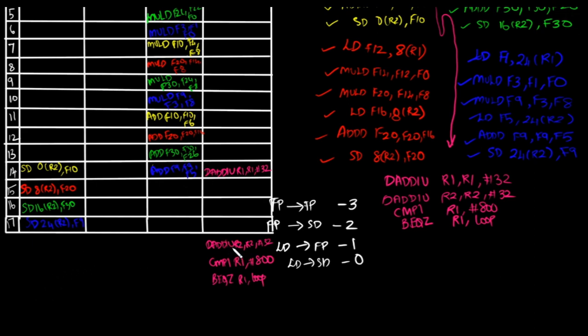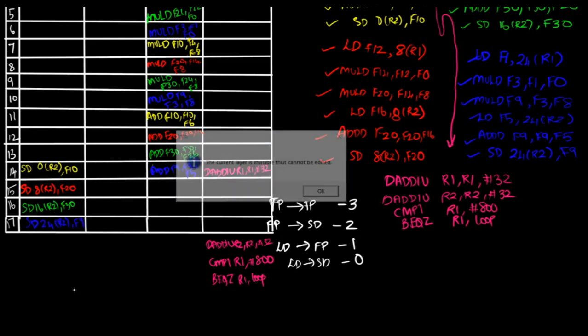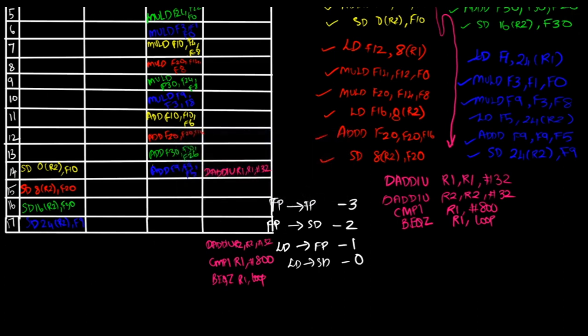For that we have to move this DADDIU to here. But if we move this DADDIU here, then subsequent R2 instructions have to be modified in such a way that this 32 is altered. Say for example R2 is pointing to 2000. In the 14th clock cycle I would have read 2000.